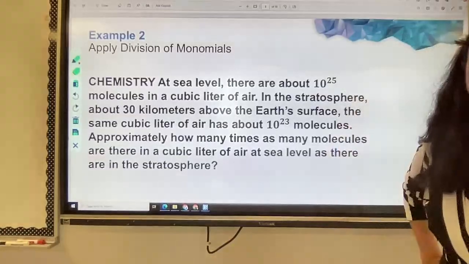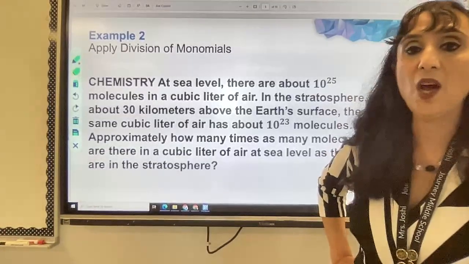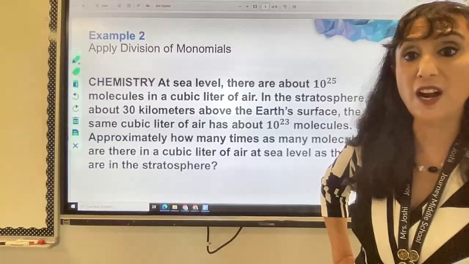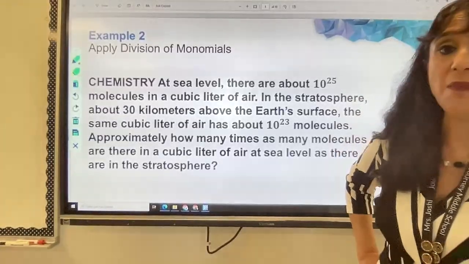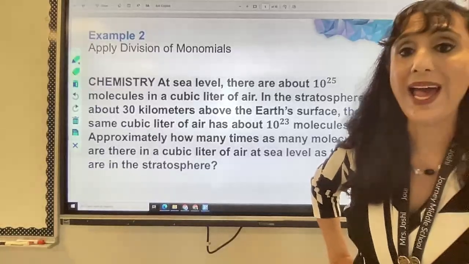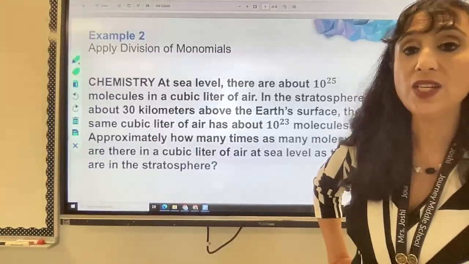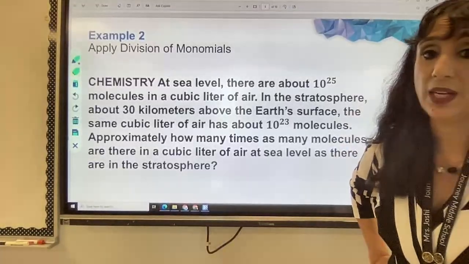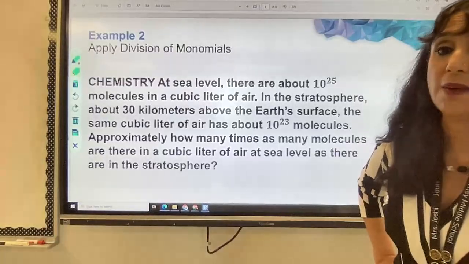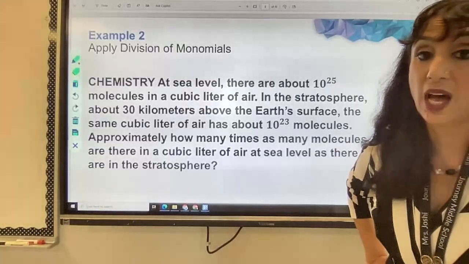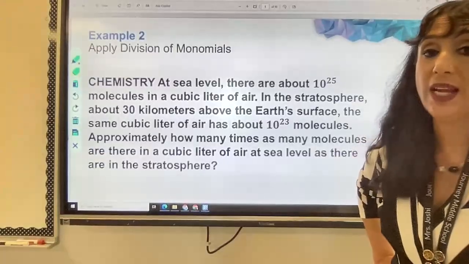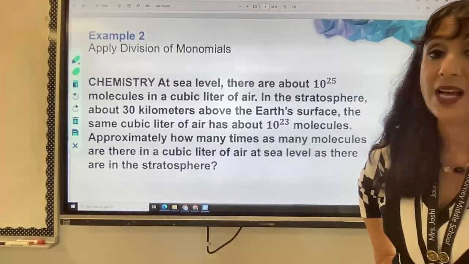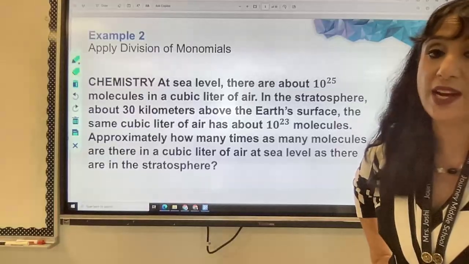In the stratosphere, about 30 kilometers above the Earth's surface, the same cubic liter of air has about 10 to the power 23 molecules. Approximately, how many times as many molecules are there in a cubic liter of air at sea level as they are in the stratosphere?